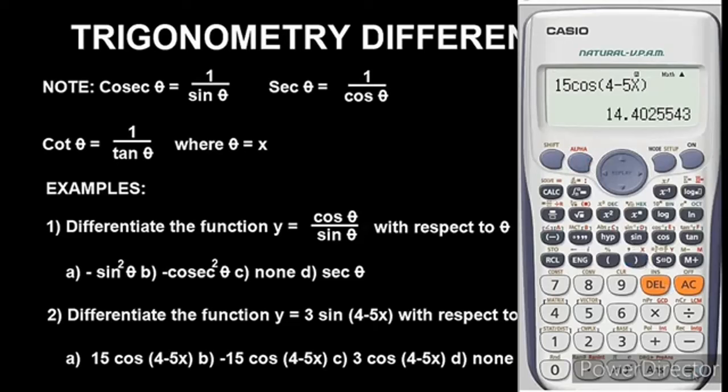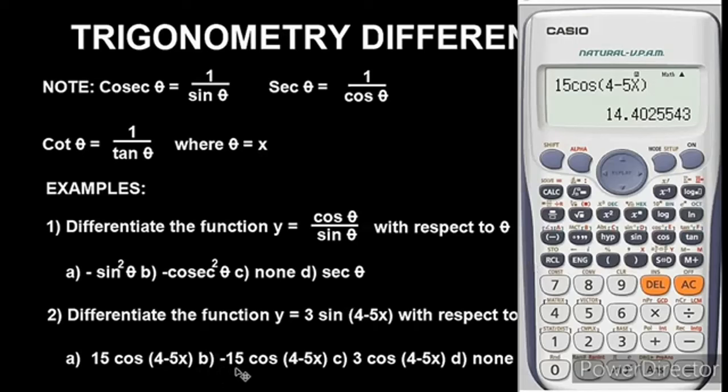So 14.40. So this is what we got when we differentiated. The difference here is that the one we differentiated had a minus in the answer, but this one does not have a minus. And option B here is the same.